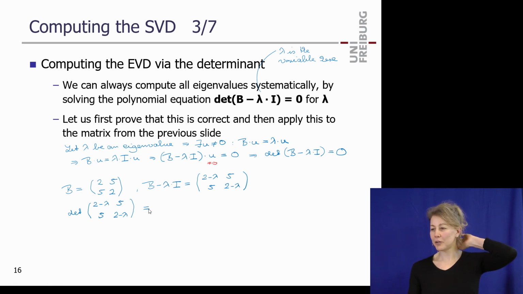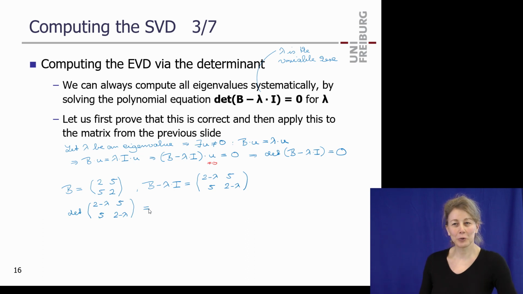Who can tell me or write in the chat what the determinant of a 2 times 2 matrix is? 2 minus lambda squared minus 5 times 5, exactly.